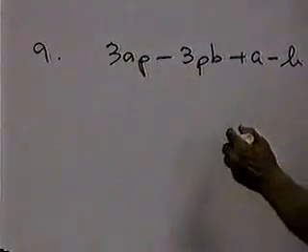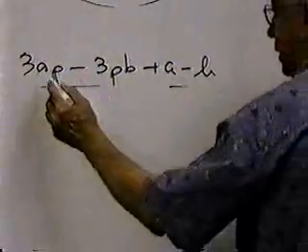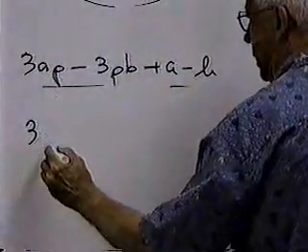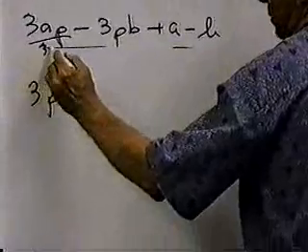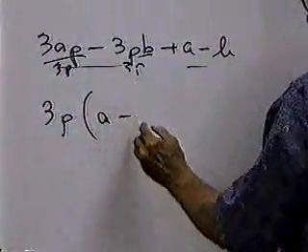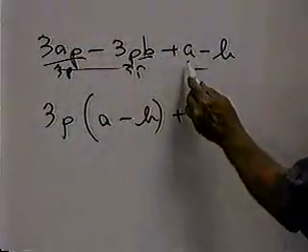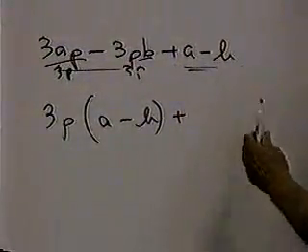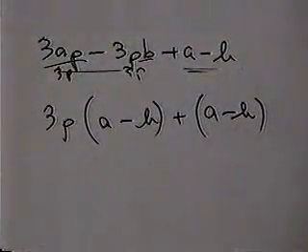All right, number 9. 4 terms. So what we're going to do is look for a common factor. Common factor here is 3p. Divide 3p out of that, leaves us a. Divide 3p out of that, leaves us b. Now, what a common factor back here is, there's not one, so you can just put it in parentheses. I mean, you can say it's 1.